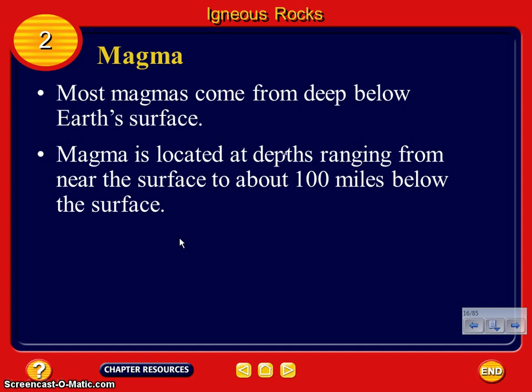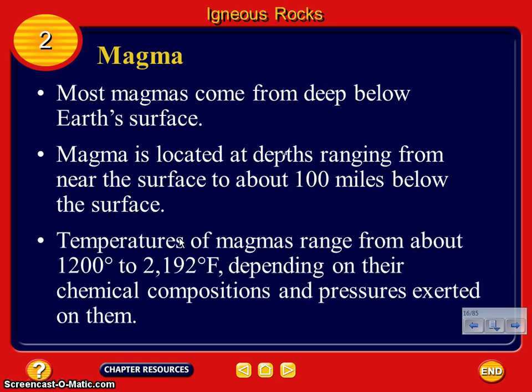So you think of the distance between Powell and Billings. We have magma that deep below us, about 100 miles. If I was taking notes, I would write: magma comes from deep below the Earth's surface, at depths of up to 100 miles.